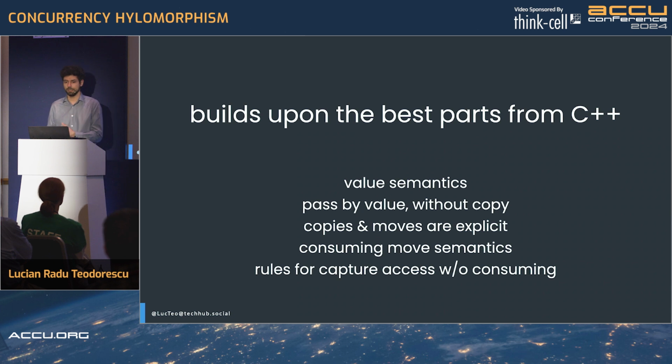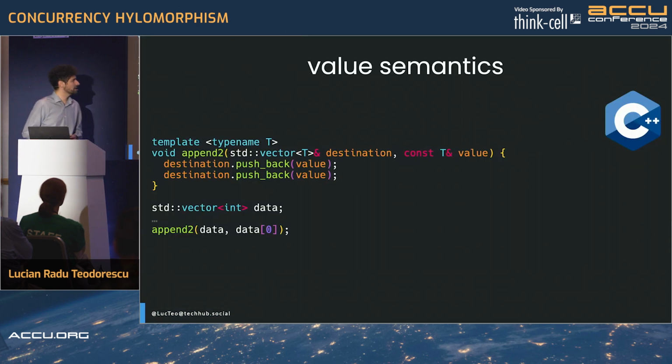There is no implicit copy and move. It has a consuming move semantics, and then it defines rules for capturing access without consuming. And with that kind of model, you can build an entire language that is safe and fast by definition and easy to use. So let's look at a small example.